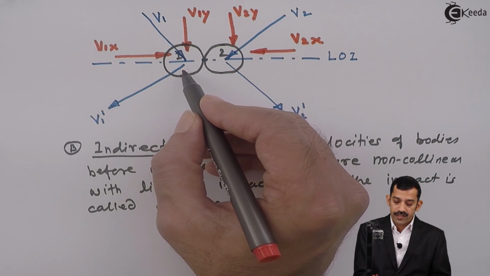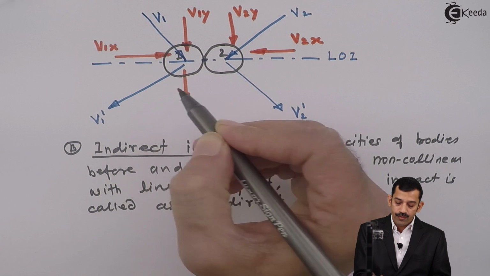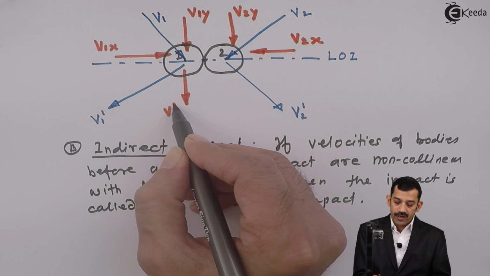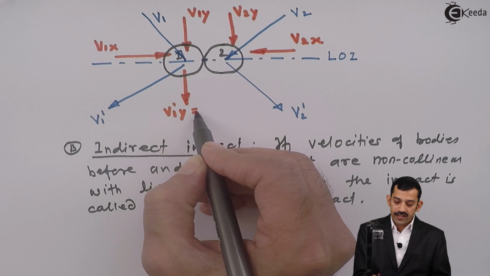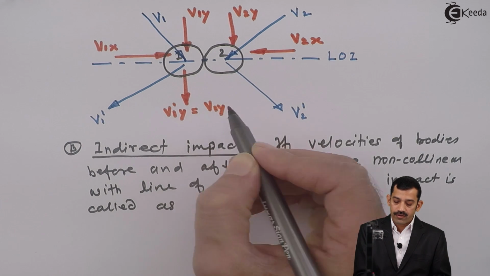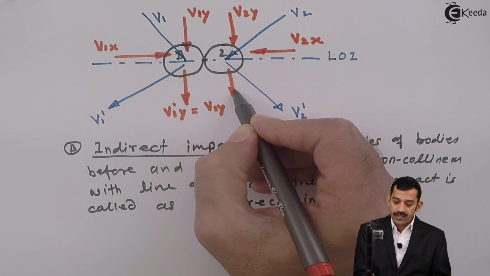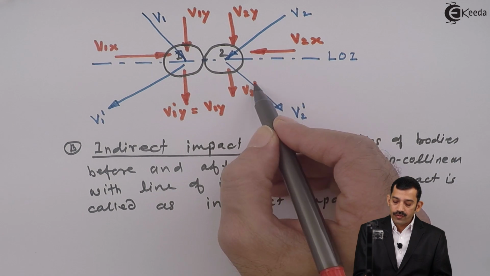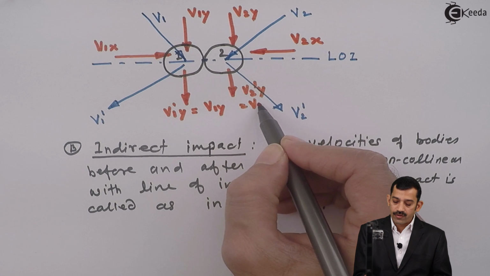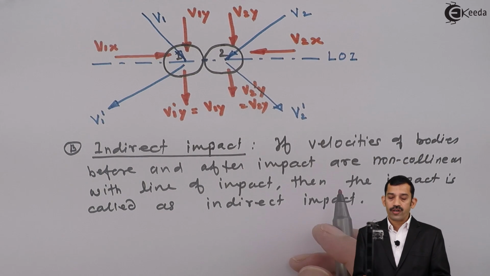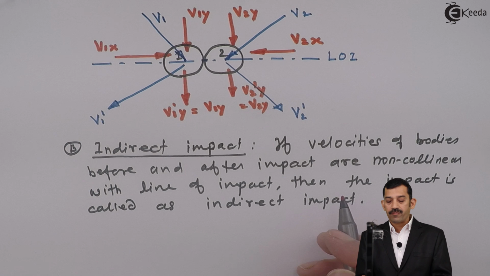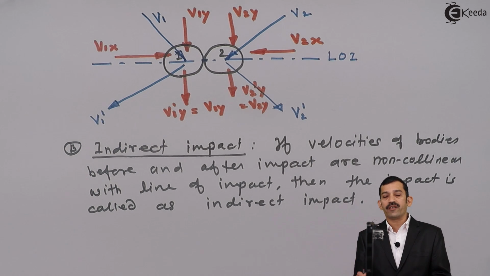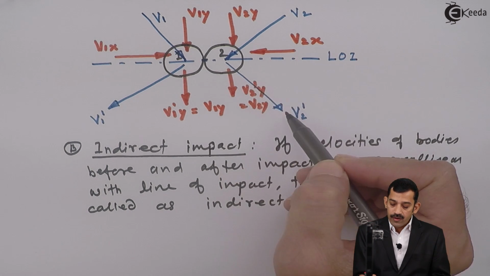That means if I resolve v1 dash, v1 dash y is the same as v1y. This component doesn't change. Similarly this component is v2 dash y, which is equal to v2y.